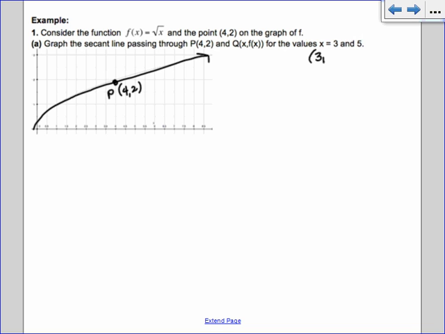That's going to be the first point. And the other one's going to be 5 comma root 5. So 3 comma root 3, somewhere around here. So that's our first Q. When we connect those points, we get a little secant line. And then the other one, 5 comma root 5, that can be the other Q. Maybe I'll call it Q1 and Q2. When we connect those, we get another secant line.